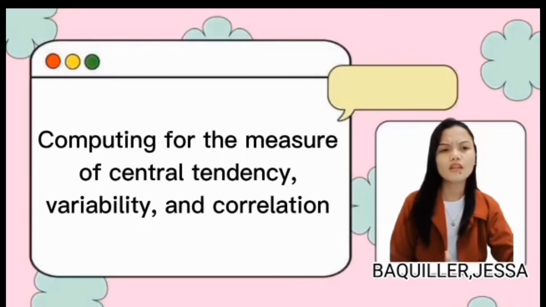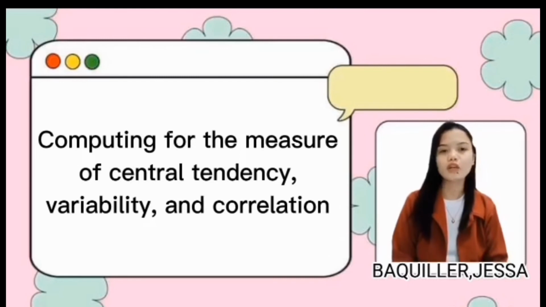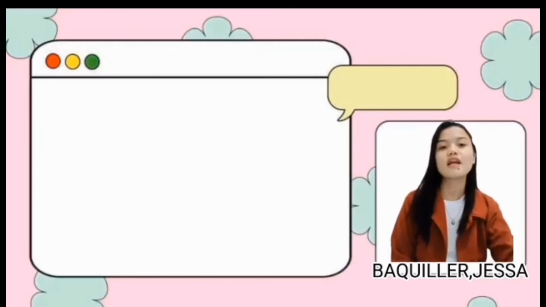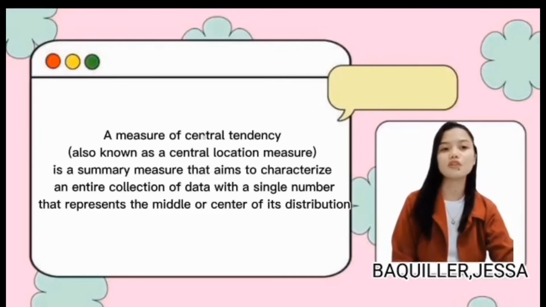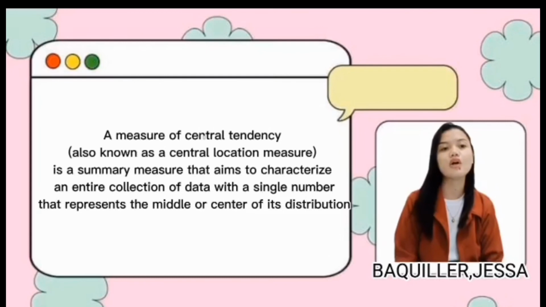So what are those computing for the measure of central tendency, variability, and correlation? But before I go through with this computation, let me first define what the measure of central tendency, variability, and correlation is. According to the research, a measure of central tendency, also known as a central location measure, is a summary measure that aims to characterize an entire collection of data with a single number that represents the middle or center of its distribution.